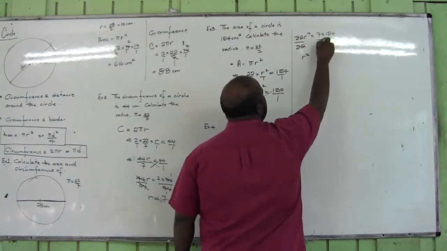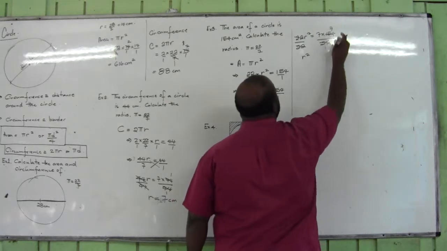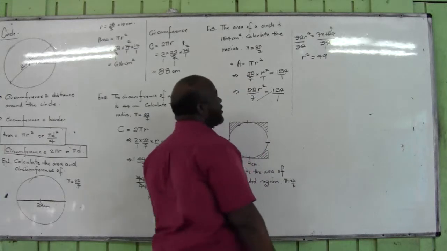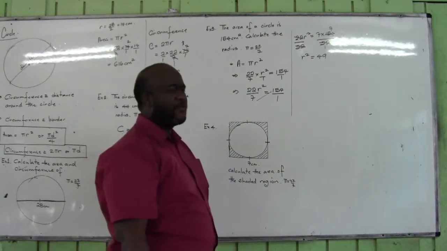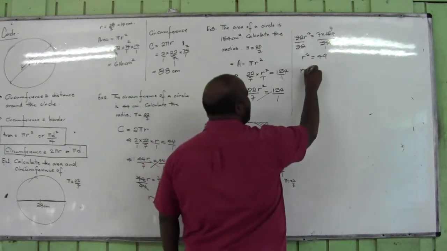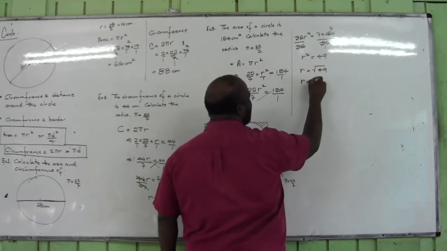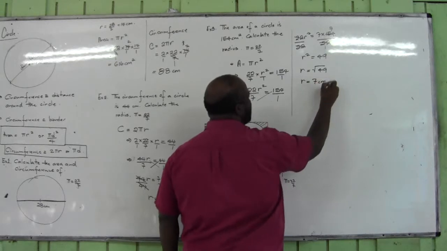R squared, this goes into the 7 times. 7 times 7 is what? 49. What is the opposite of square? R is the square root of 49. R is 7 centimeters.